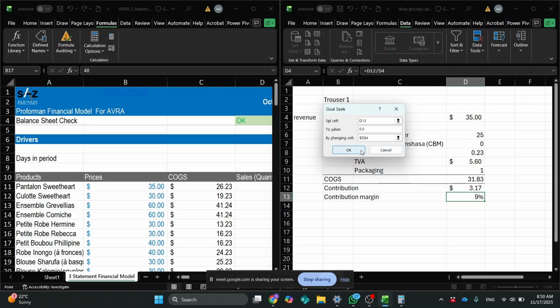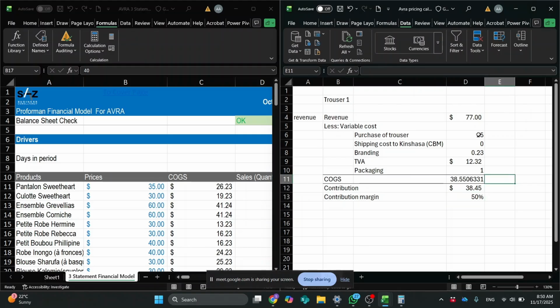Your selling price. So that cloth needs to be sold at $77 so that you can purchase it at 35. But you see, VAT has changed. Yes, because it's 16% of the sales price. You understand?